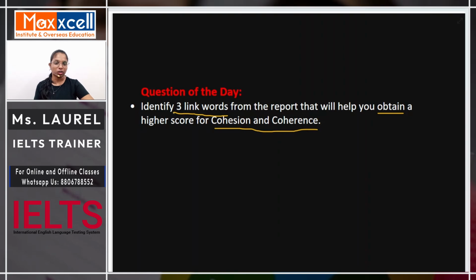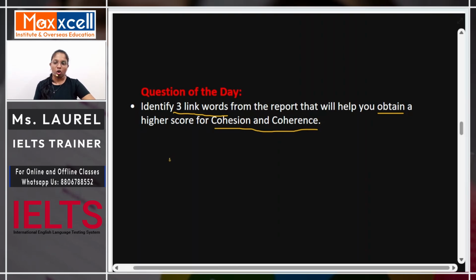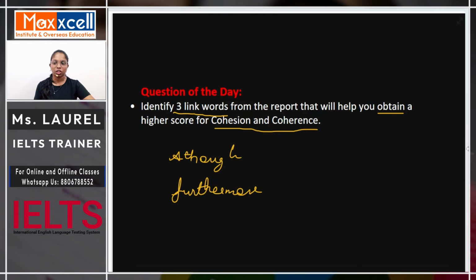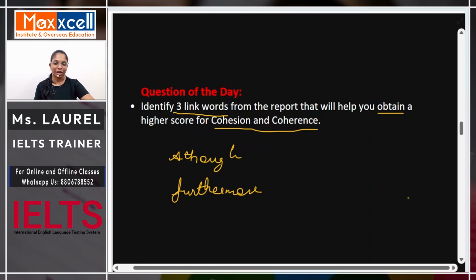So you need to find link words. Link words are basically words like although, furthermore, while, whereas, all of these words. We need to find such words, write them down, and let us know in the comment section.